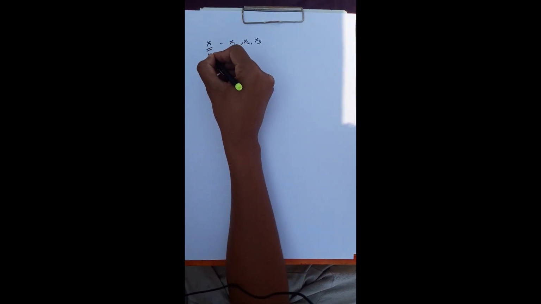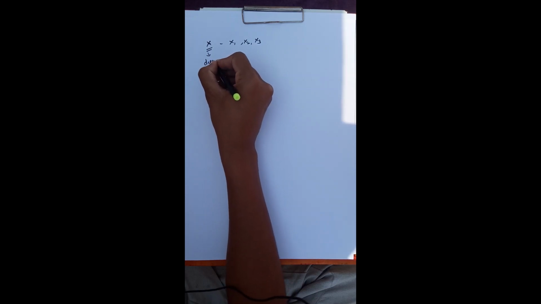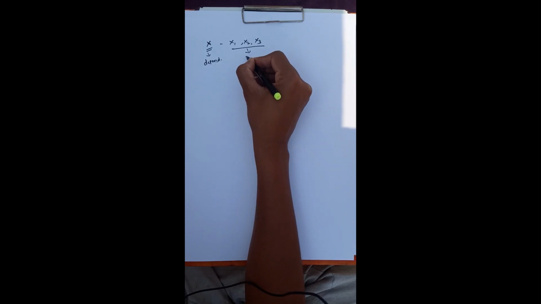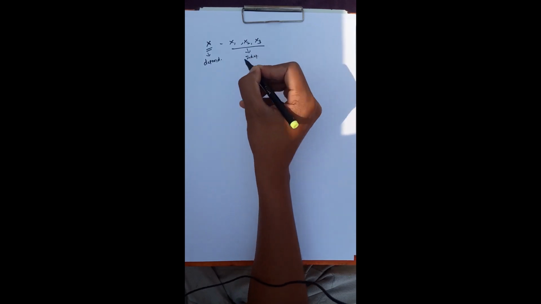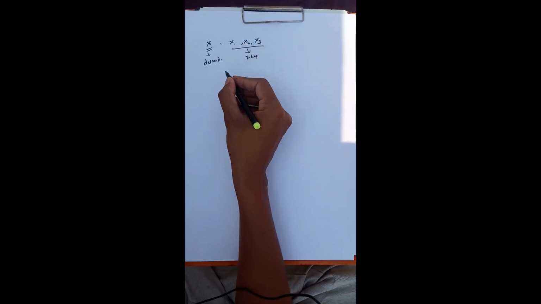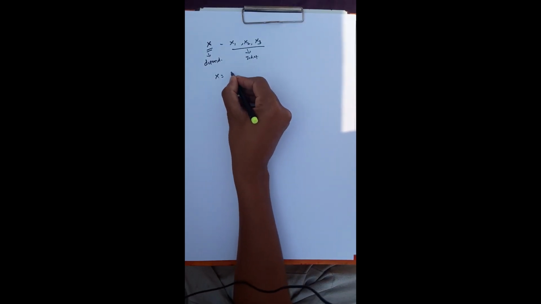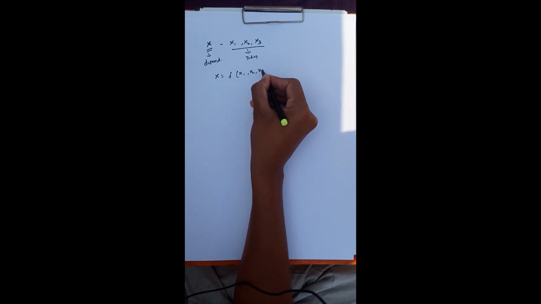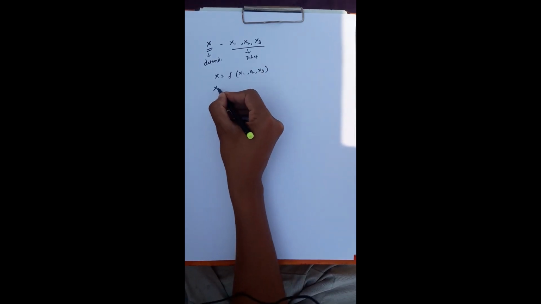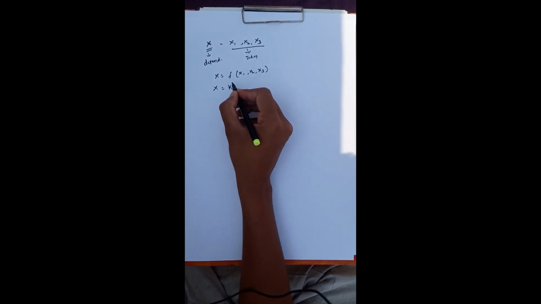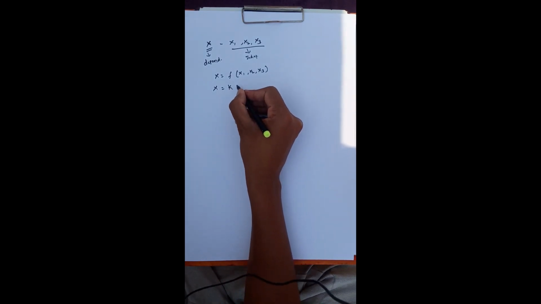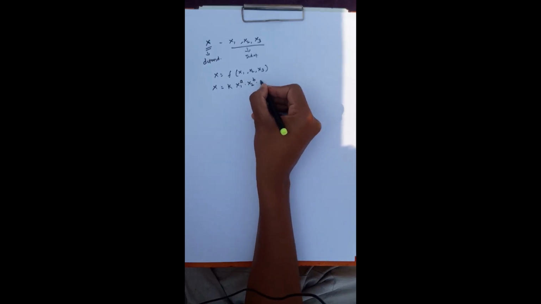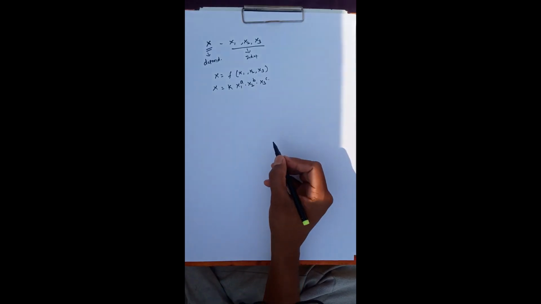So x is called the dependent variable and x1, x2, x3 are the independent variables. Mathematically it can be written as x is a function of x1, x2 and x3. This equation can also be written as x equals k times x1 raised to a, x2 raised to b, x3 raised to c.